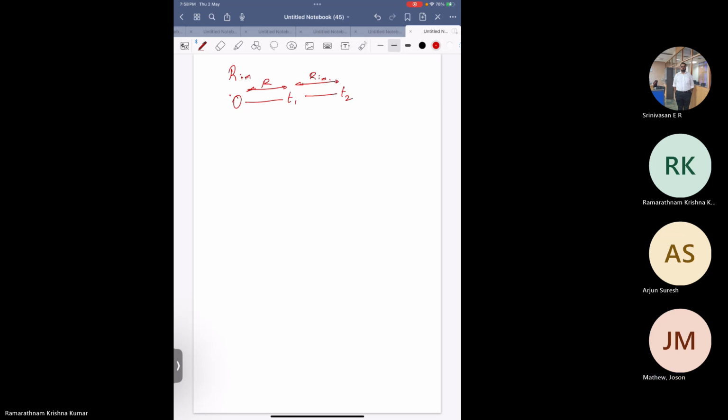This is called the first phase, and this is the second phase. How will you modify it? The new time should take account of T1 also, like T2 minus T1.